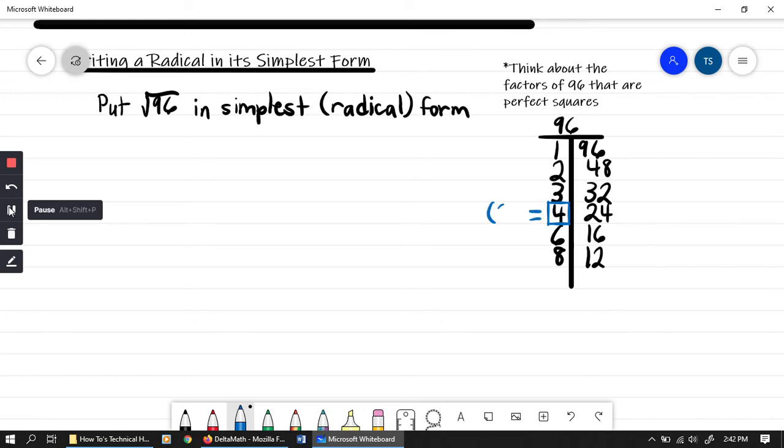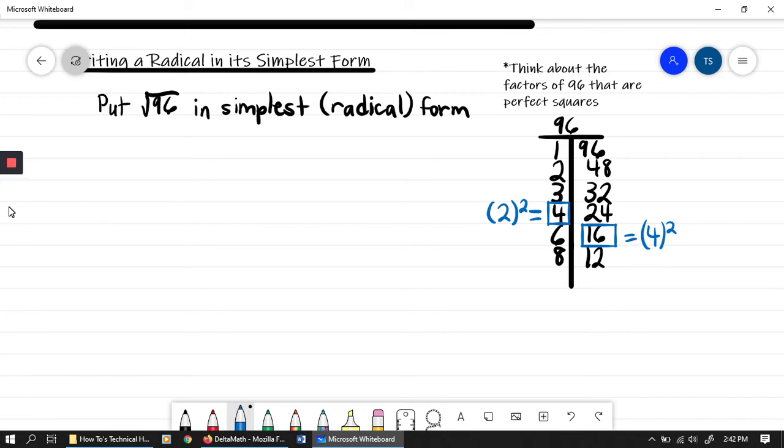And 16 is also a perfect square, because 16 can be written as 4 squared. So I see those 2 perfect squares. Do I see any other perfect squares? No, I don't see any other that can be written as some number squared.